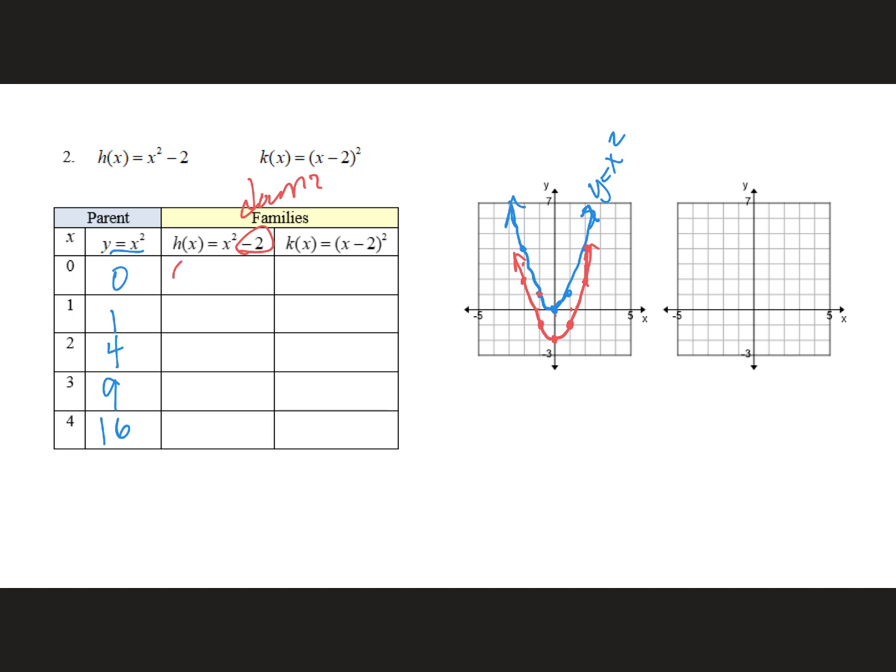So my x value stays the same, but my y value goes down 2. My x value stays the same, y value goes down 2. You kind of get the idea. Okay? So down 2. So it affects the y.